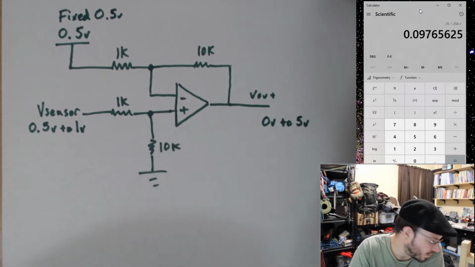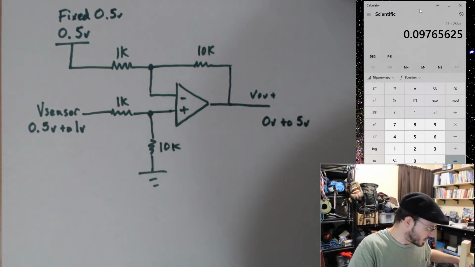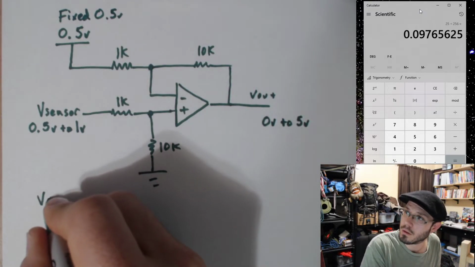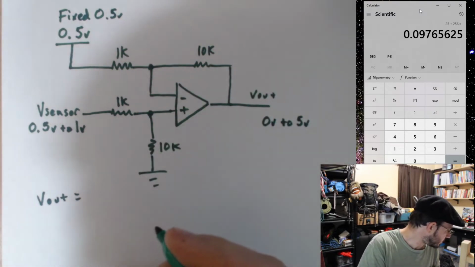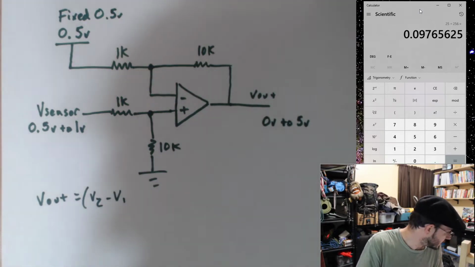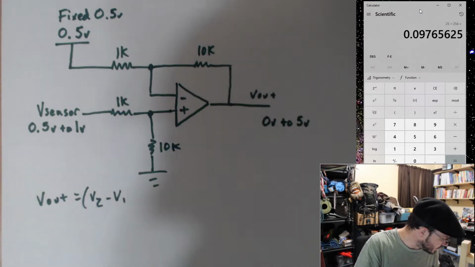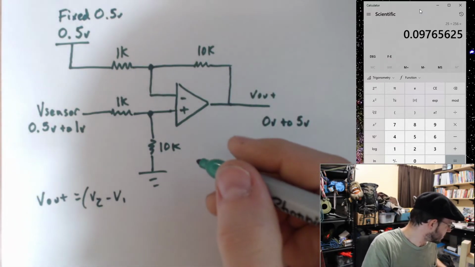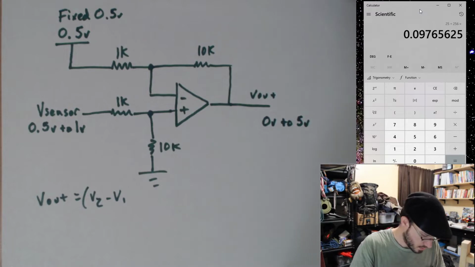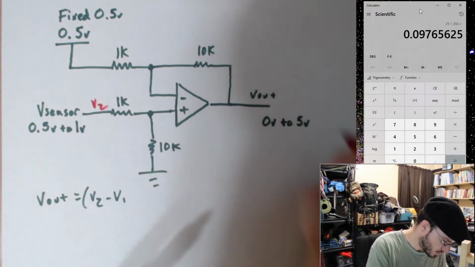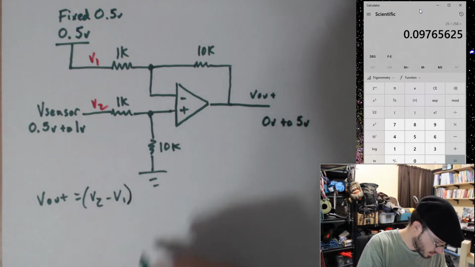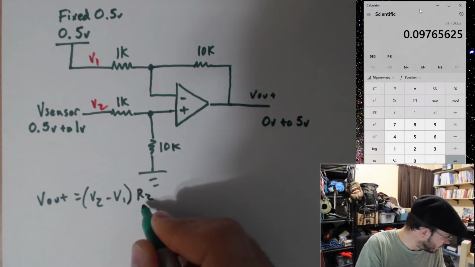And if you remember the equation, V out is going to be equal to V2 minus V1, and I'll write where V2 is over here, times R2 divided by R1.